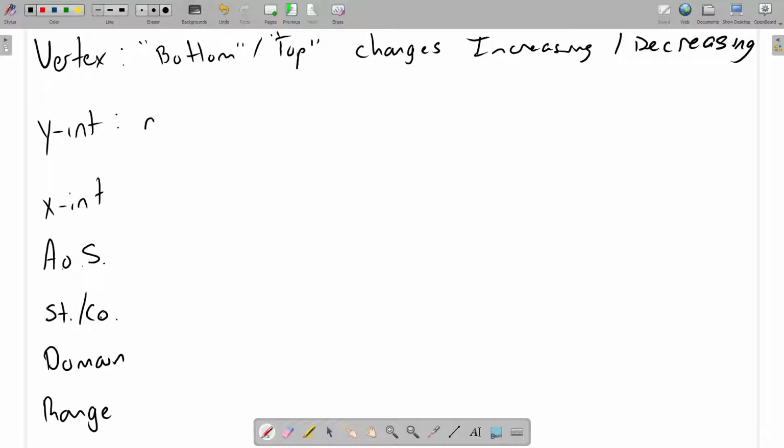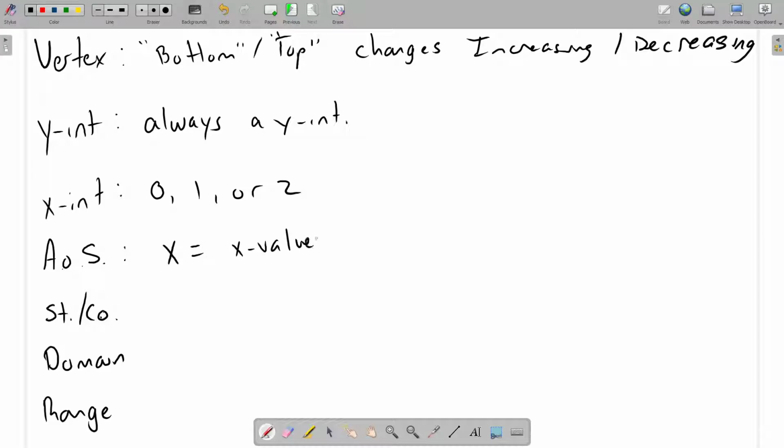The y-intercept: there is always a y-intercept. Even if you can't see it on your graph or your calculator, there is always a y-intercept. The x-intercept: there can be 0, 1, or 2. The axis of symmetry is x equals the x value of the vertex.